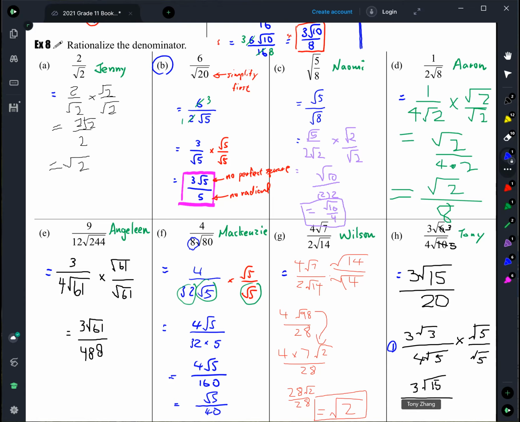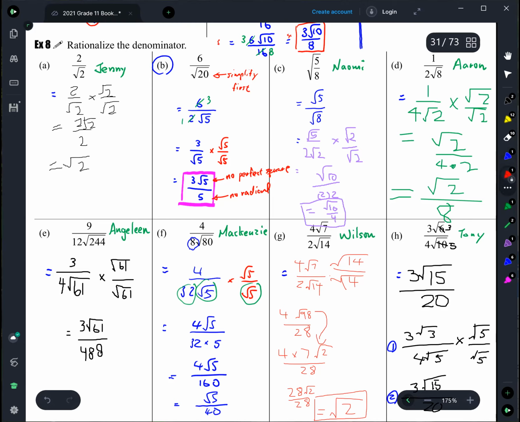And then I got 20 because 4 times 5. From here, I just leave it as is because it's already a rational number. And 3 and 20 do not go in together, so I leave it in this form. Very good. Okay, thank you.